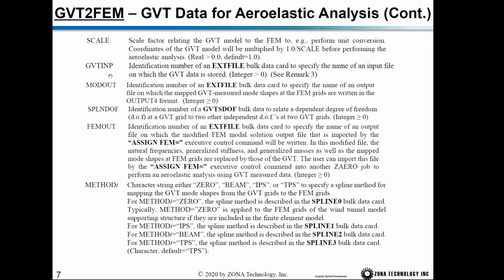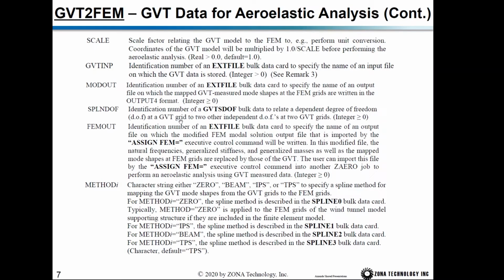And GVT IMP is an ID of an EXE file, and in this card, it specifies the name of the input file on which the GVT data is stored. MODE OUT is the ID of an EXE file card to specify the name of an output file on which the mapped GVT measured mode shapes at FEM grids are written in the output format.